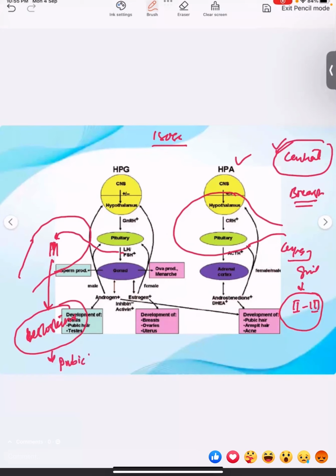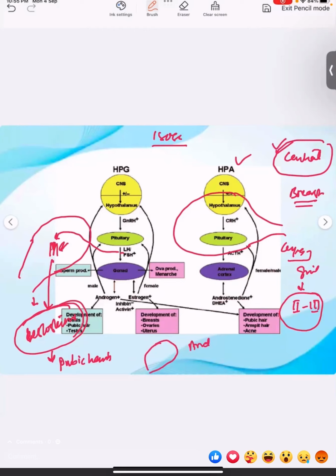Okay. So always remember the testosterone produced by these theca cells is in a decreased amount. This is not the main source of formation of the pubic hair. The main source is the androgen produced from the adrenal gland.